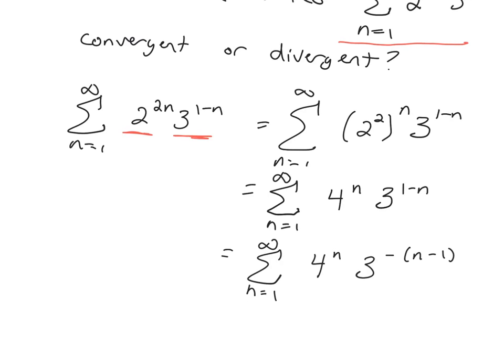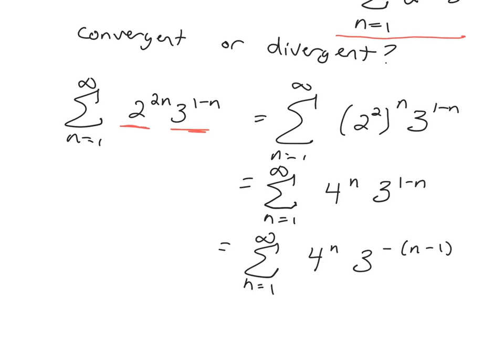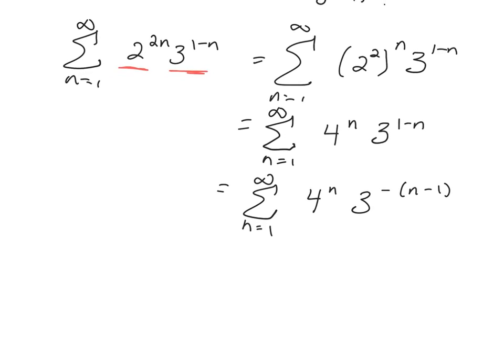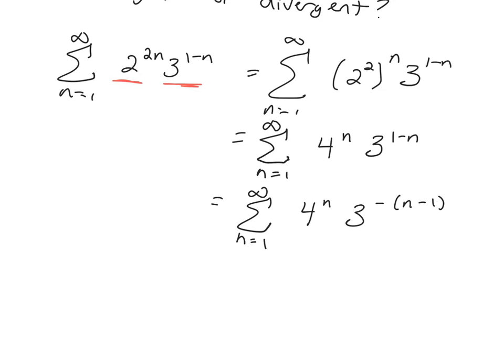What happens with negative exponents, like x to the negative second? How can you rewrite that? Rewrite it as a fraction, move it to the denominator, right? Same thing here. I have a negative exponent, so I'm going to move it to the denominator to get a positive exponent. So n equals 1 to infinity, I have 4 to the n over 3 to the n minus 1.